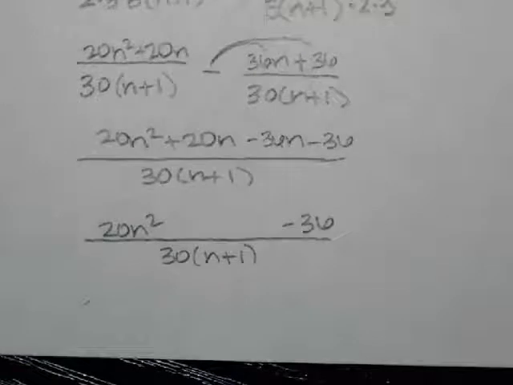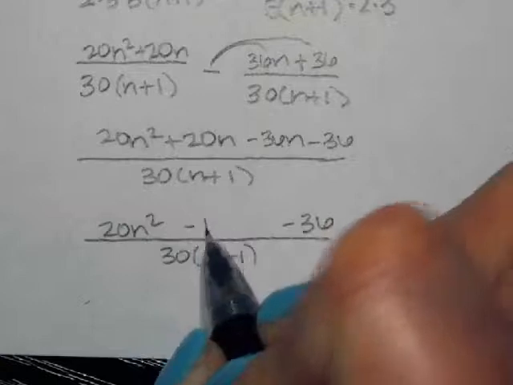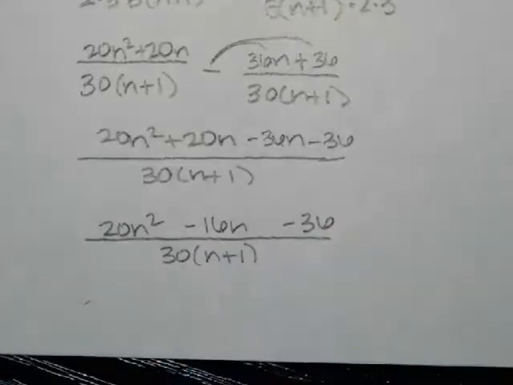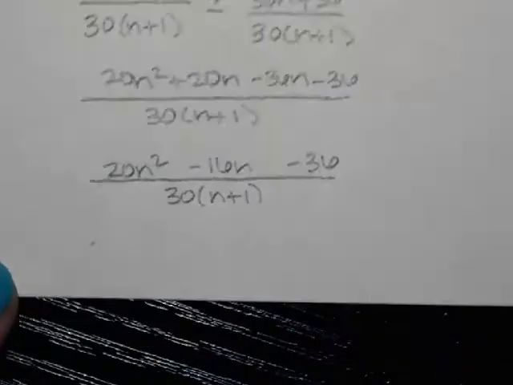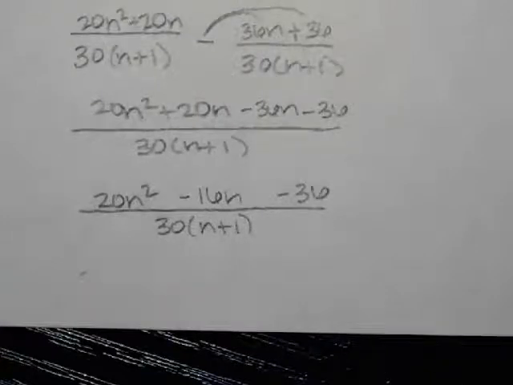Okay. No. See how the top is a trinomial? So on the top, do you see a GCF that we could take out before we try to do a slide divide? 4.